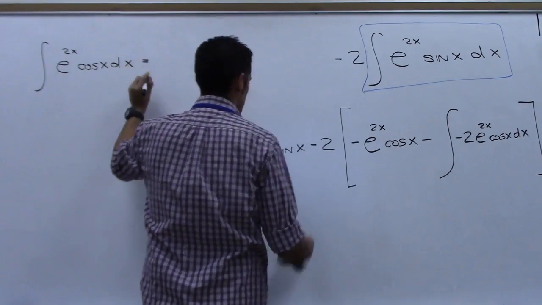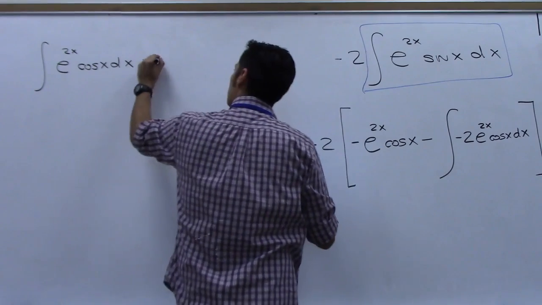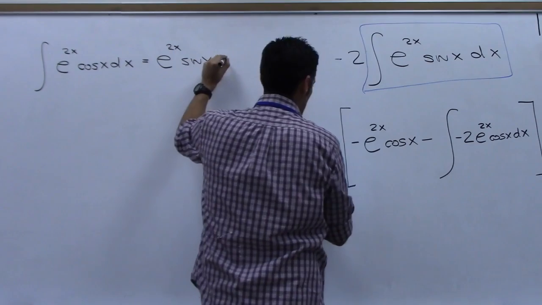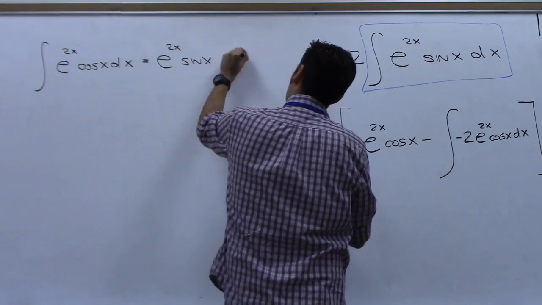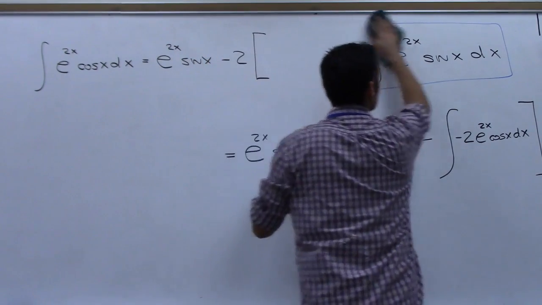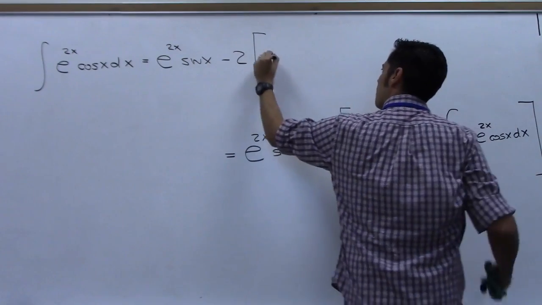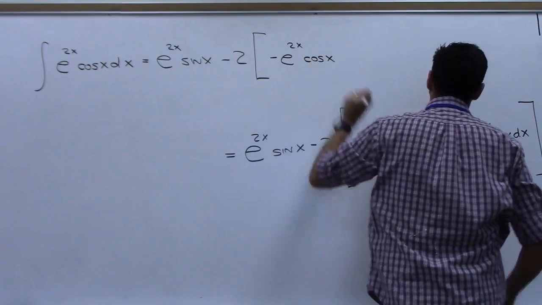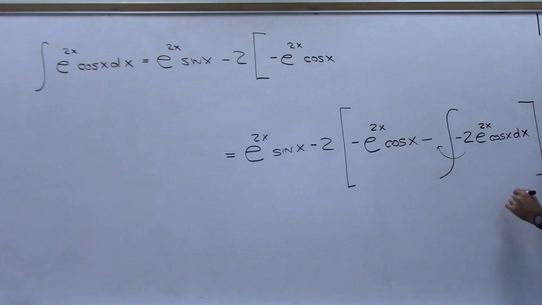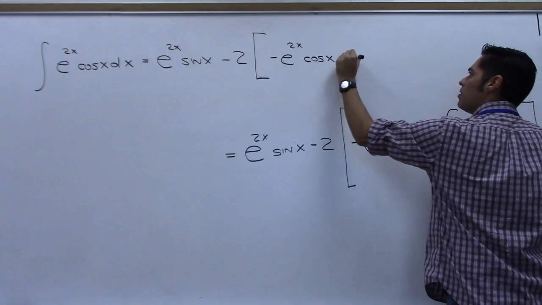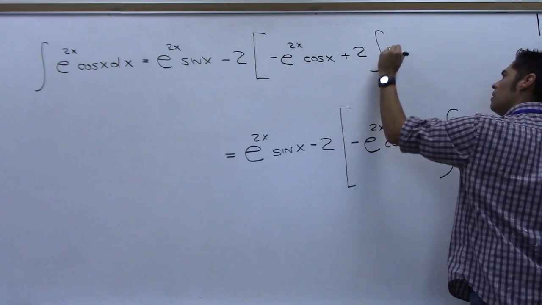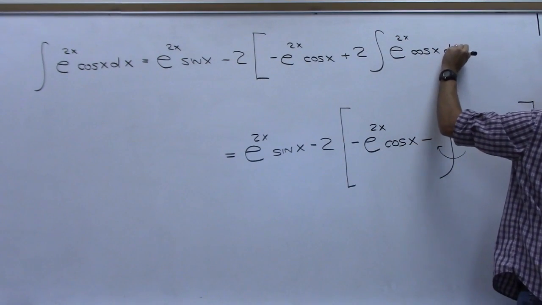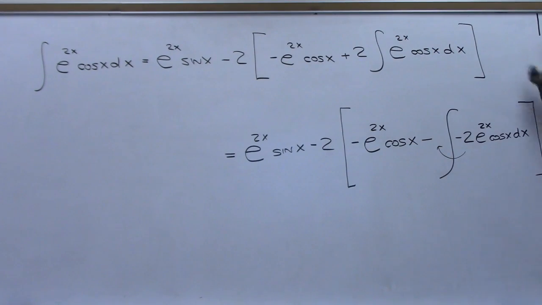We're saying that that's equal to this right here, which is e to the 2x sine x minus 2 bracket negative e to the 2x cosine x. And then here, when we pull the negative 2 out, it'll become plus 2. So we get plus 2 integral e to the 2x cosine x dx. Close the bracket. Any questions?